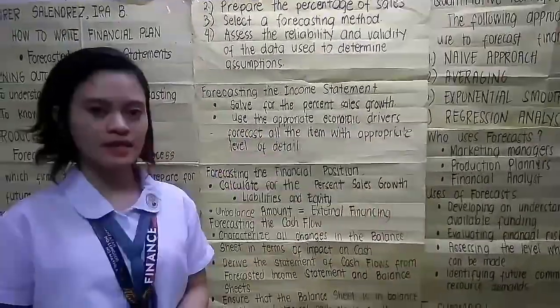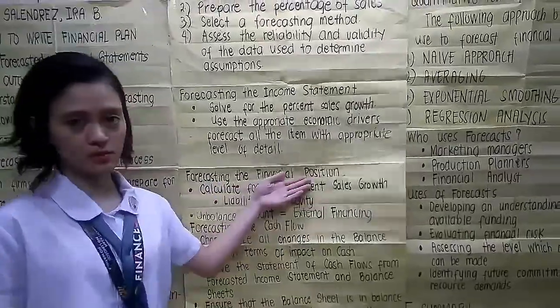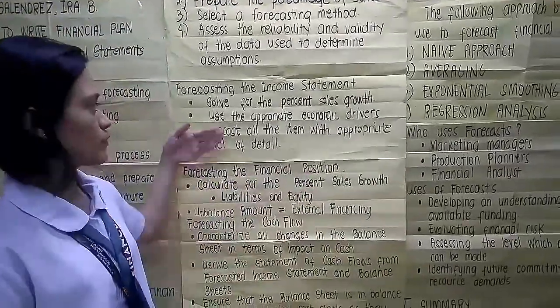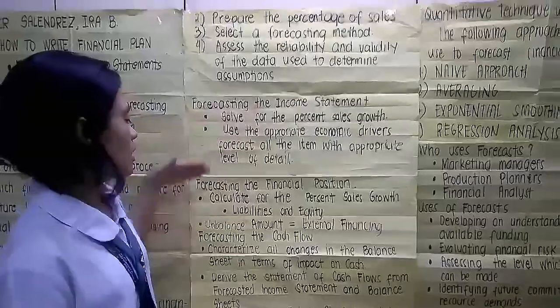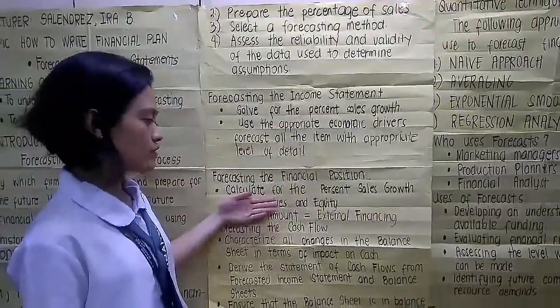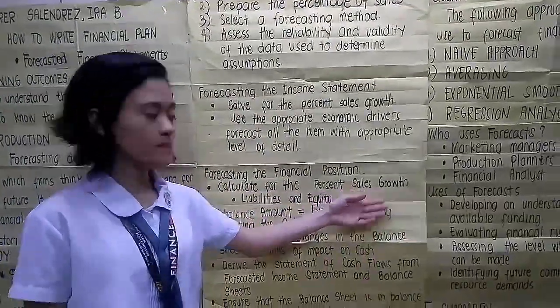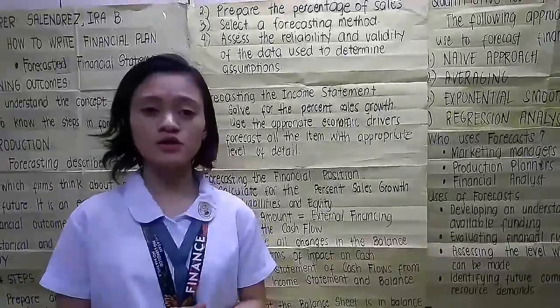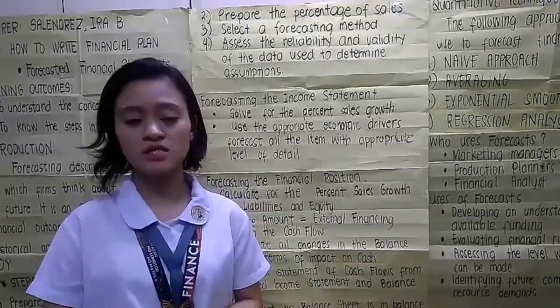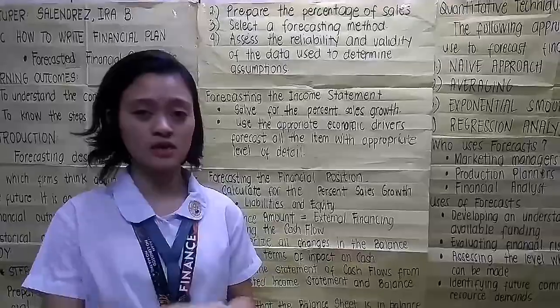Next is forecasting the financial position. Same as forecasting the income statement, calculate the percent sales growth. The basic method used to forecast financial statements involves the percent of sales.